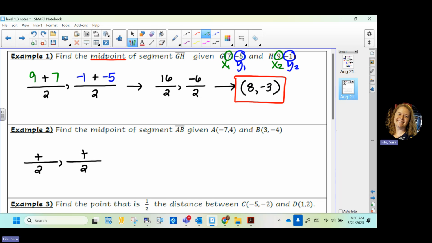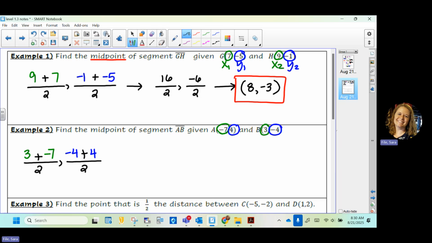Okay, what are my X values of my endpoints for AB? -7 and 3. And put those in whatever order you want. Make sure you have the sign with it. And then my Y's are 4 and -4.